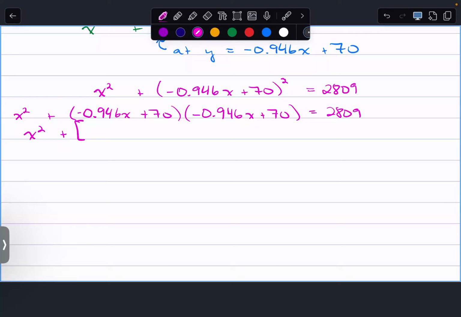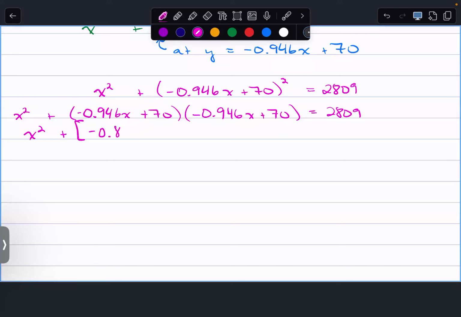Okay. So negative 0.946x times negative 0.946x, negative 0.946 to the power of 2, whoops, let me try again, negative 0.946 squared is, I'm going to round to 3 decimal places again.